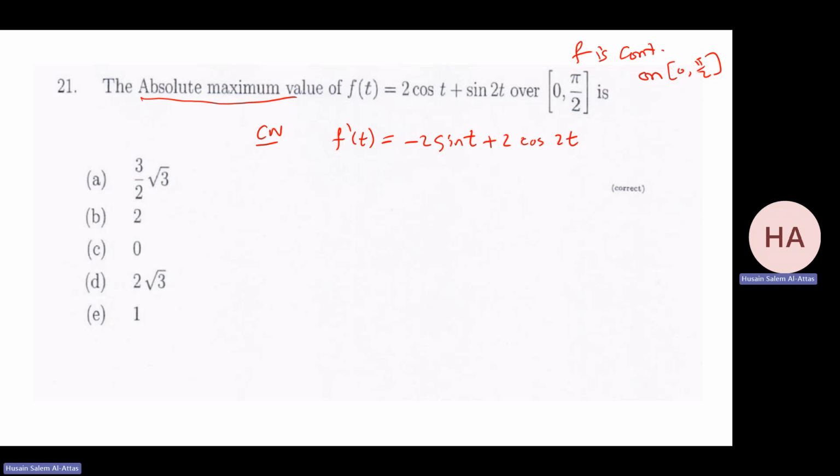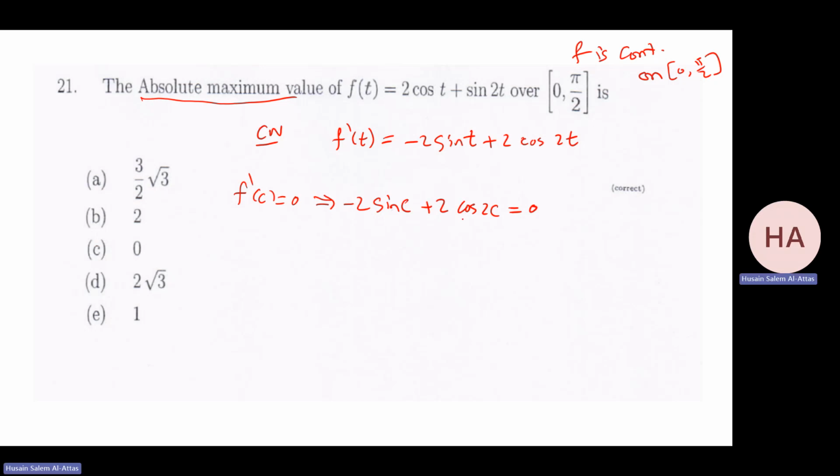I need to solve this equation. I need to make it f prime at c equals 0, which implies minus 2 sine c plus 2 cosine 2c equals 0.